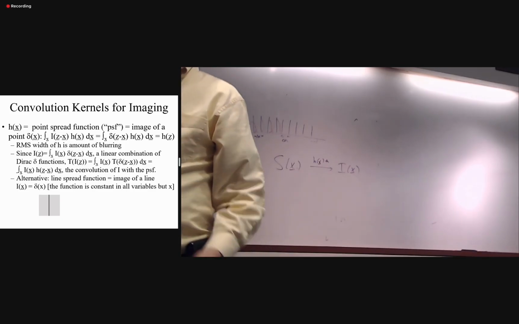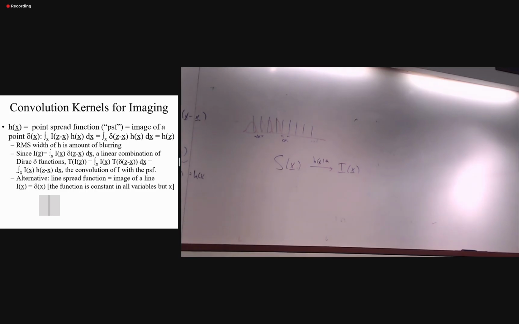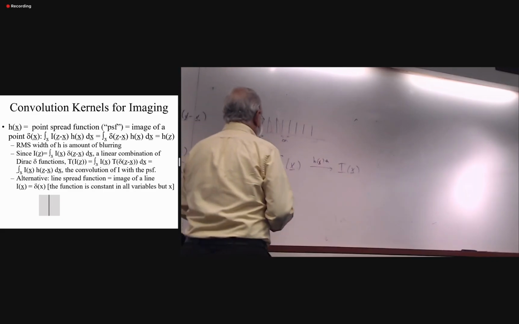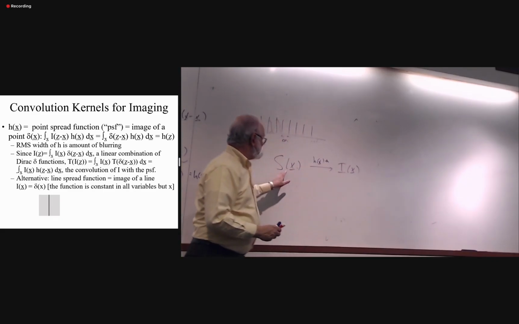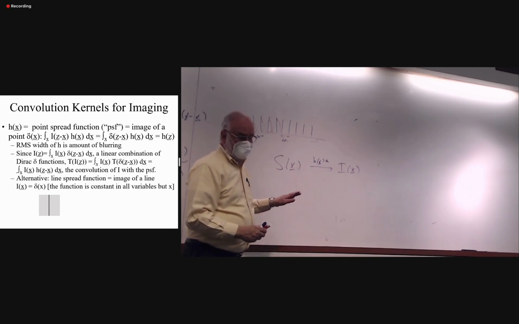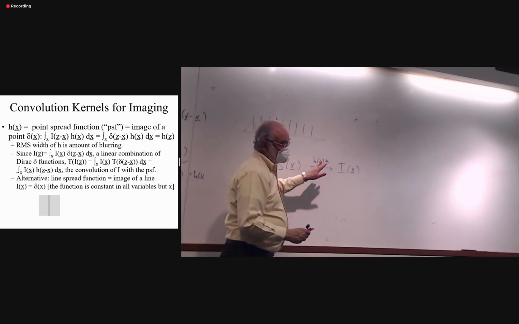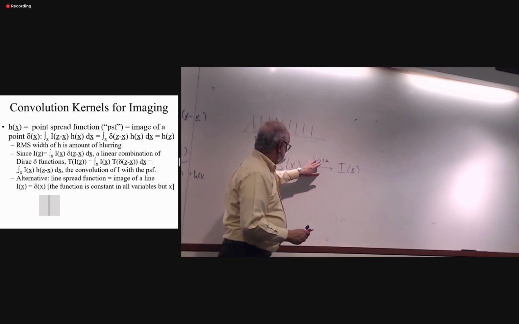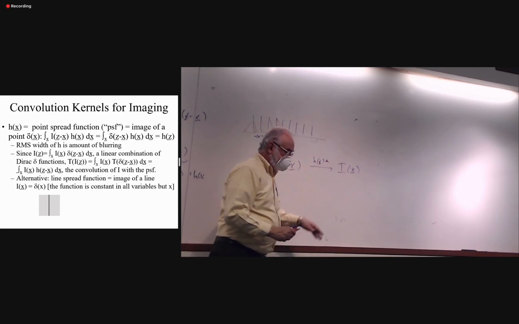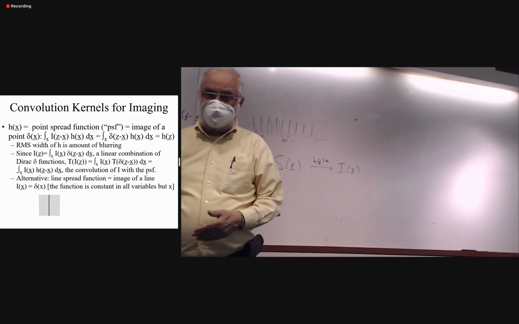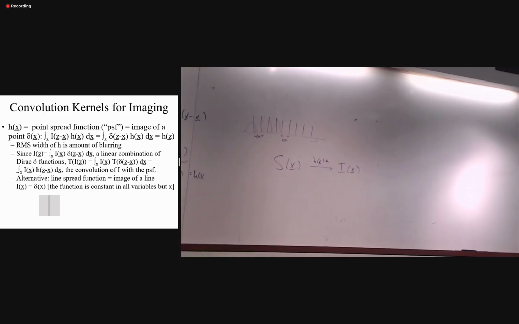And so we're interested in knowing what h of x is because, for example, if we want to de-blur and get back from I 2s, which is possible if there's a completely noise-free image, we're going to need to know what blurring function was applied by the camera.